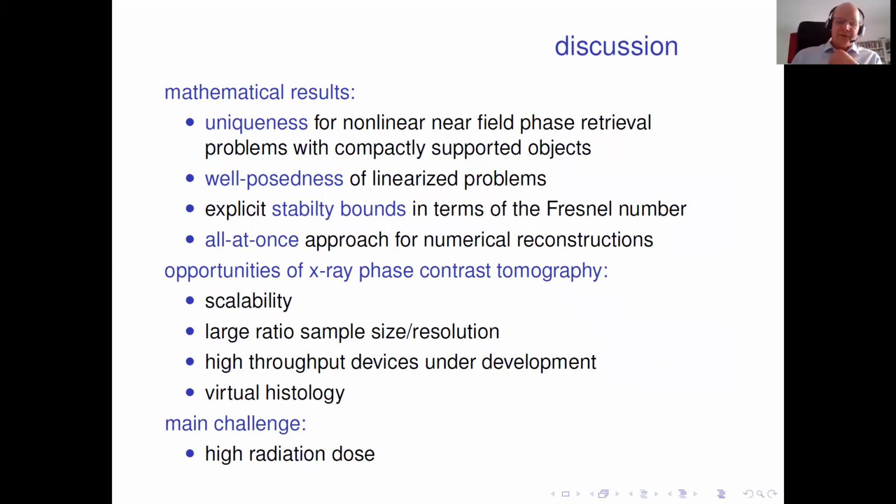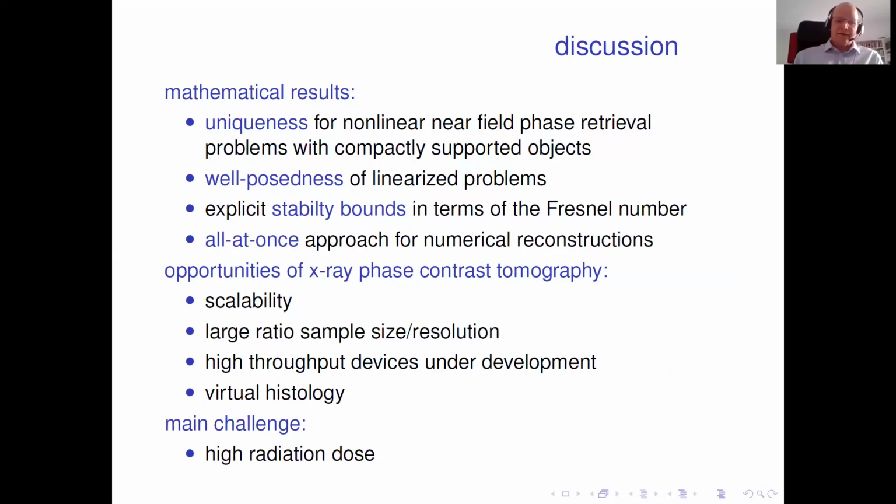Initially, people worked with synchrotrons, so this is kind of difficult experimentally. You have to apply for beam time at some synchrotron, but also some high throughput desktop devices are under development, so that it can be used as a standard tool, hopefully in biological and biomedical studies.